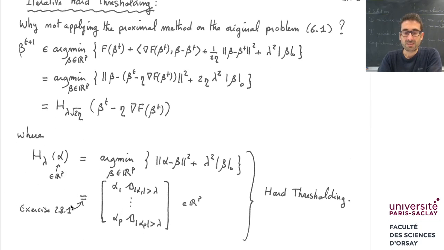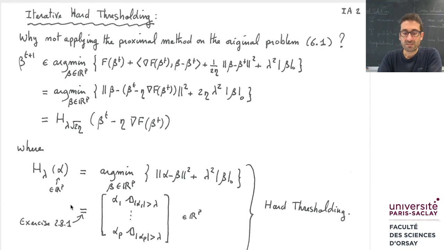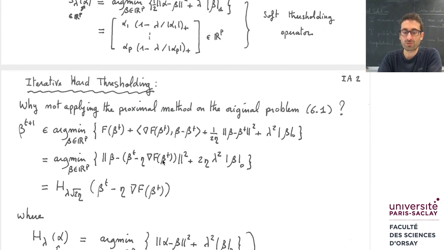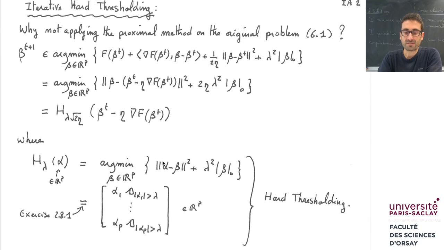Right? And the hard-thresholding operator, if we compare with soft thresholding, the main difference is that, as the soft thresholding, it will set to 0 values which are too small, smaller in absolute value than lambda, but it will not have any shrinkage, right?